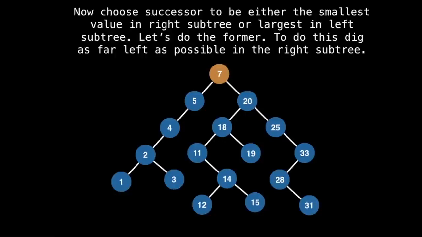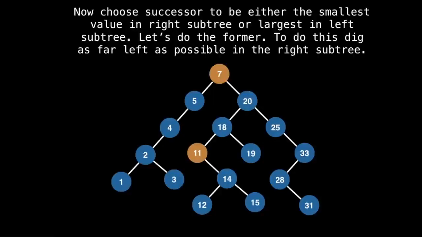What we do is we go into the right subtree and then we dig as far left as possible. Go left and go left again, and now we don't have a left child, so we can stop, and this node is going to be the successor. It is the smallest node in the right subtree. And you can see that quite clearly. 11 is smaller than everything in that right subtree.